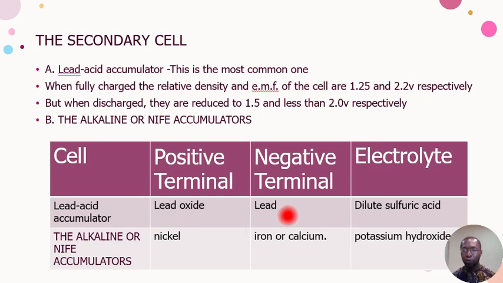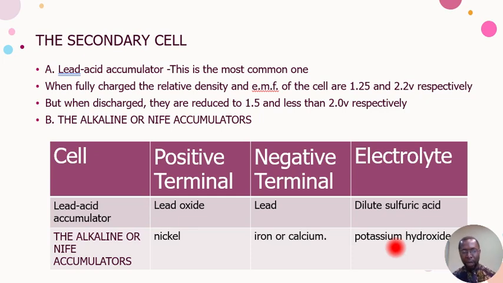For the negative electrode or terminal, the lead acid accumulator has lead, while the alkaline accumulator has either cadmium or iron as its negative electrode. And thirdly, for the electrolyte, the lead acid accumulator has dilute H2SO4, or what we call sulfuric acid, as its electrolyte, while the alkaline one has potassium hydroxide as its electrolyte.